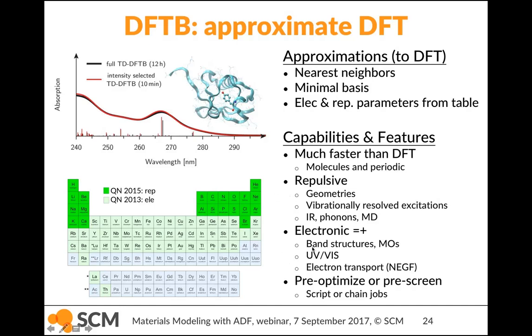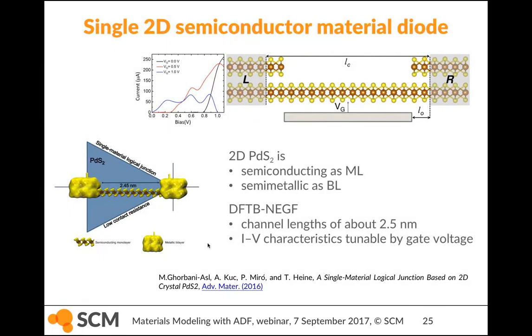Whereas if you're only interested in the band structures or UV-vis properties or electron transfer properties with NEGF, then you can calculate all those dark green elements as well as the light green elements. And so you can calculate optical properties of almost all the elements in the periodic table.